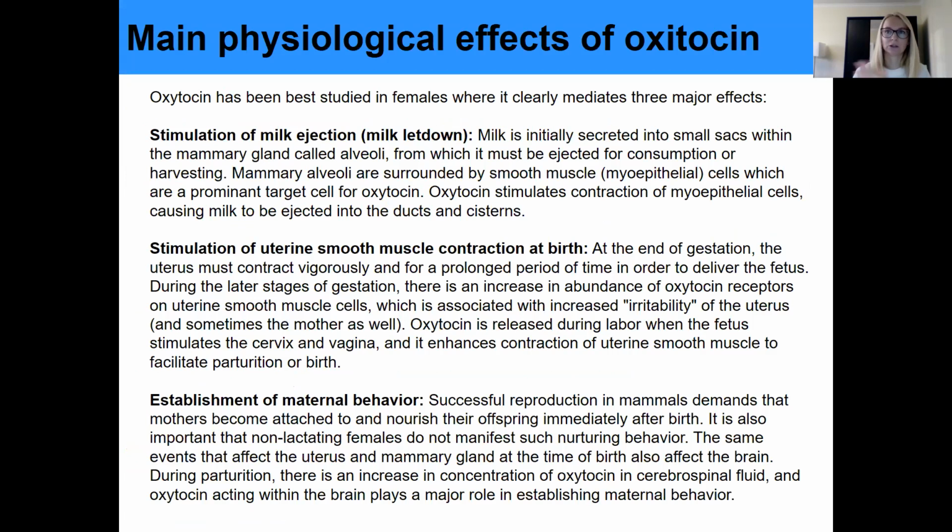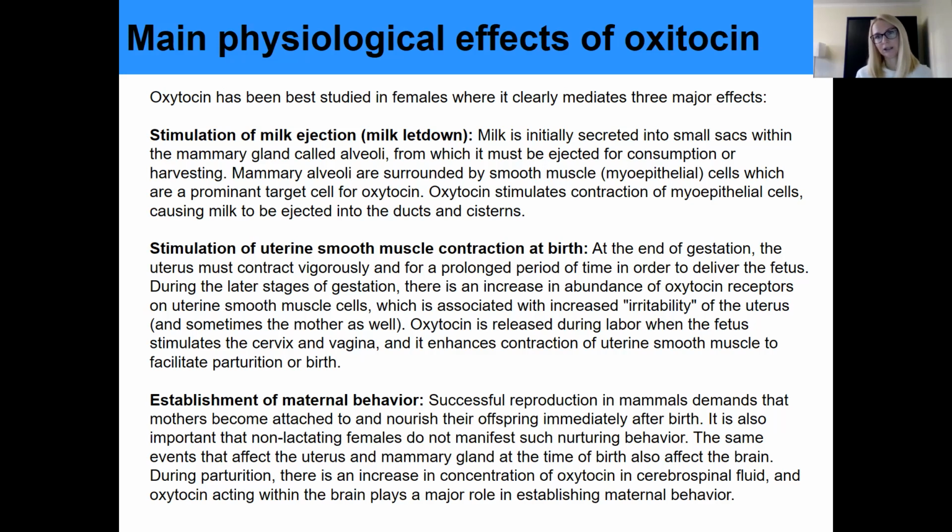So what are the effects of oxytocin? Three main physiological effects are stimulation of milk ejection, stimulation of uterine smooth muscle contraction at birth, and establishment of maternal behavior. First, stimulation of milk ejection.